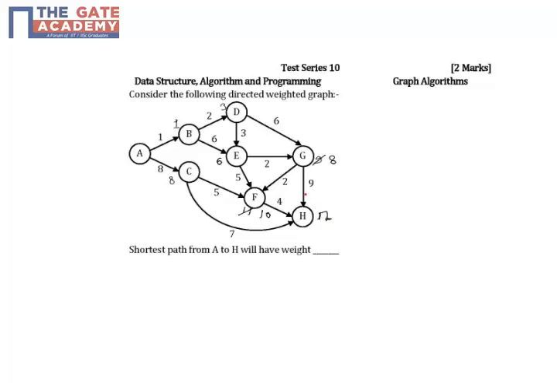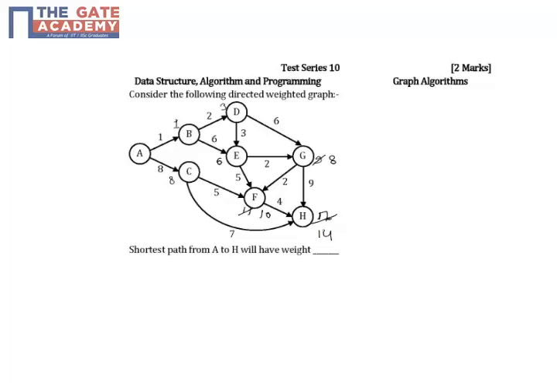After that I'll process the next node, the one having the shortest distance, that is F. If I process F, then H will have distance up to F plus 4, the F to H distance. So 14 will be the new distance, which is smaller than 17.